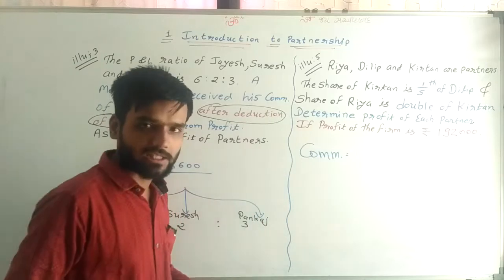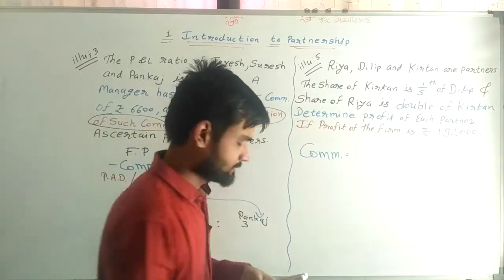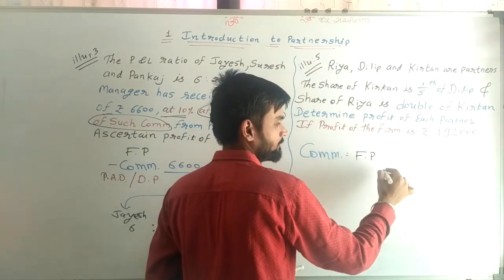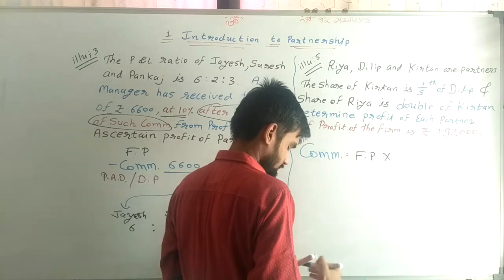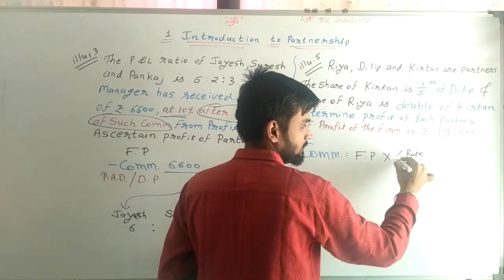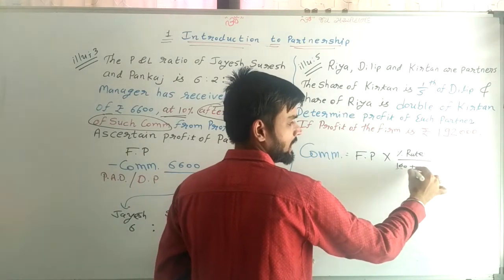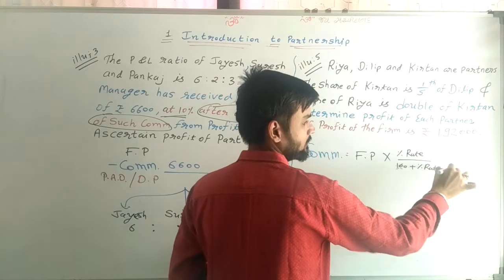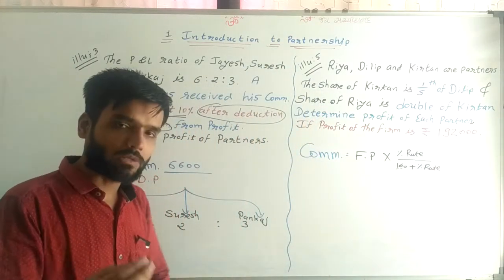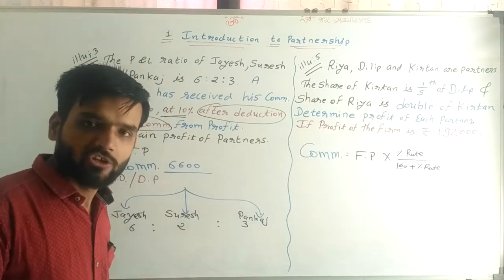So commission is equal to, first of all we are using the first formula. Commission is equal to firm profit into percentage rate divided by 100 plus percentage rate. Now whatever amounts we have, replace them in the formula.